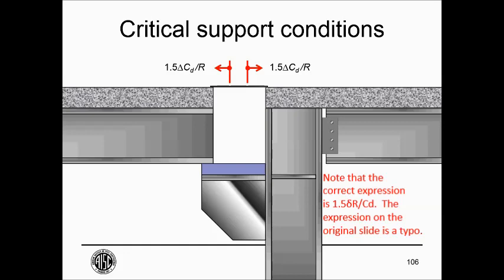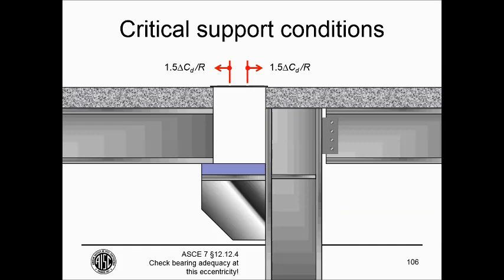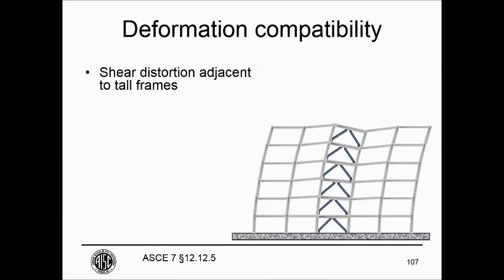R factor doesn't enter in, and C sub d factor doesn't enter in, nor does the importance factor. So that's how we design these critical conditions to make sure that we don't drop a beam during a major seismic event.